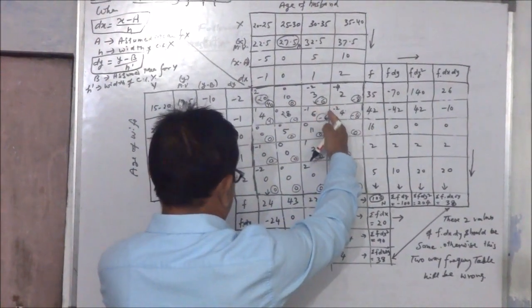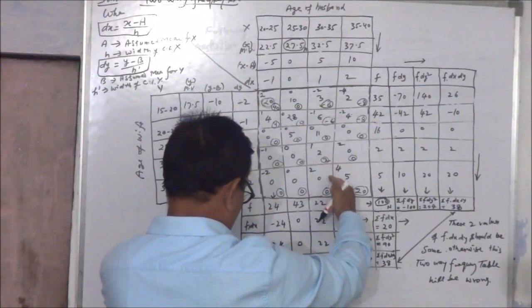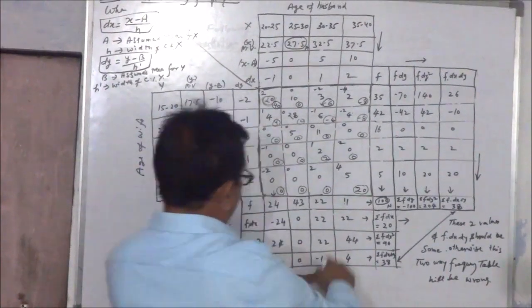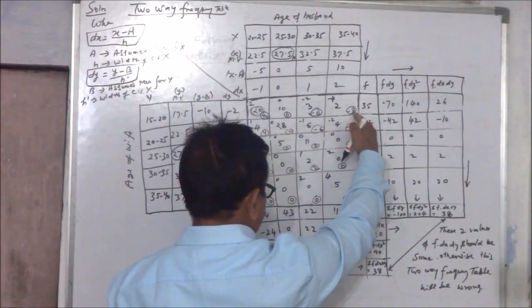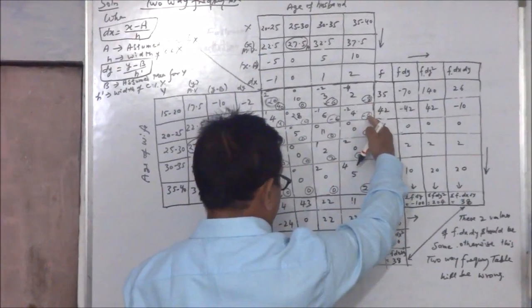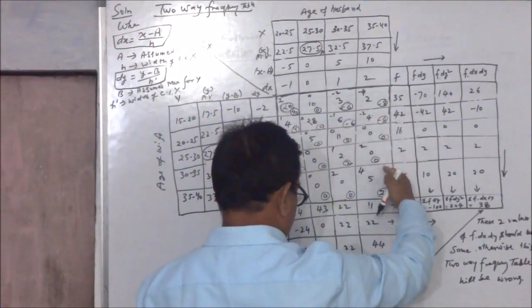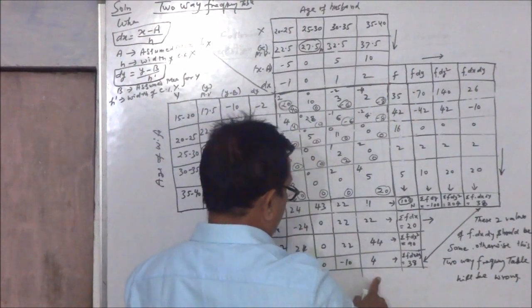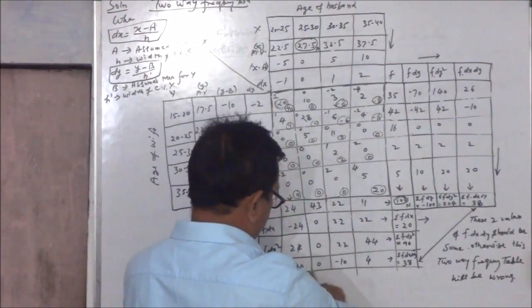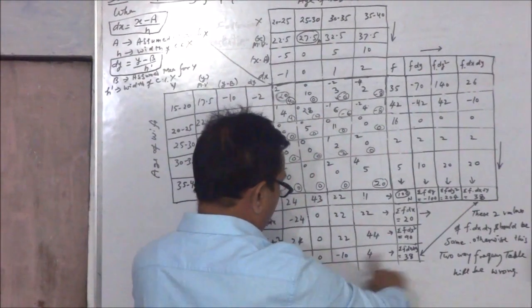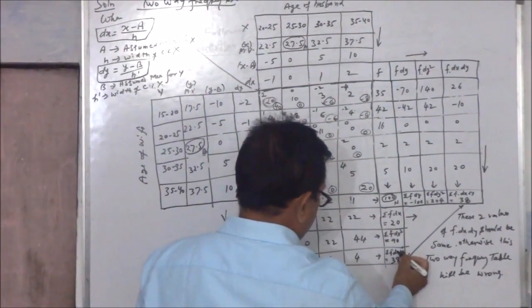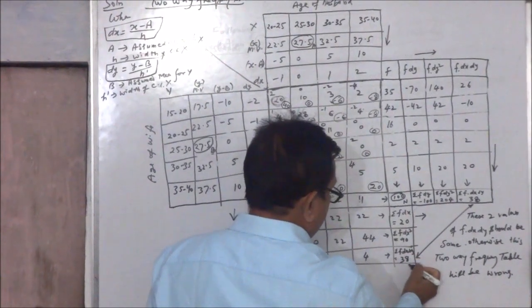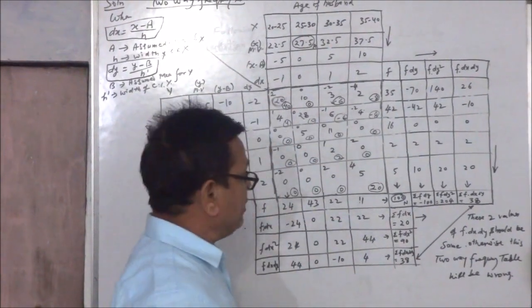Minus 6 plus 2 plus 0, this is minus 10. And add all these f dx dy values. Minus 8 plus minus 8 plus 0 plus 0 plus 20, this is 4. And add all these values of f dx dy along the row, you will get summation f dx into dy equal to 38.